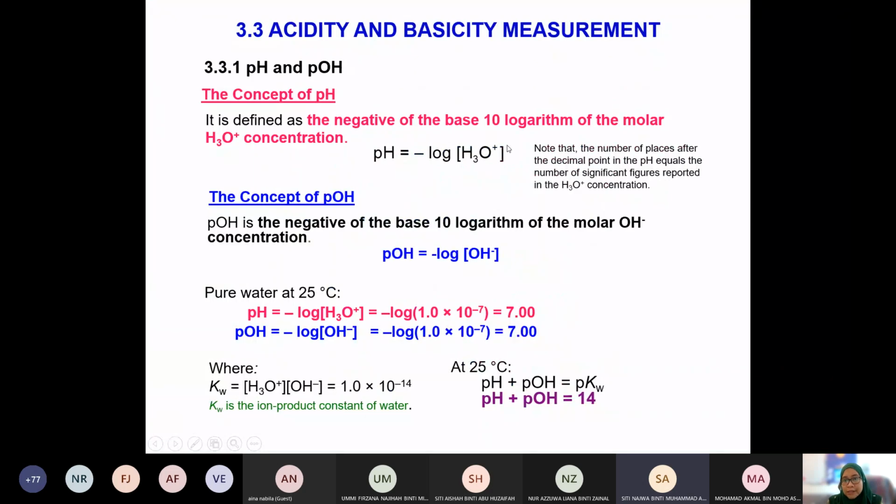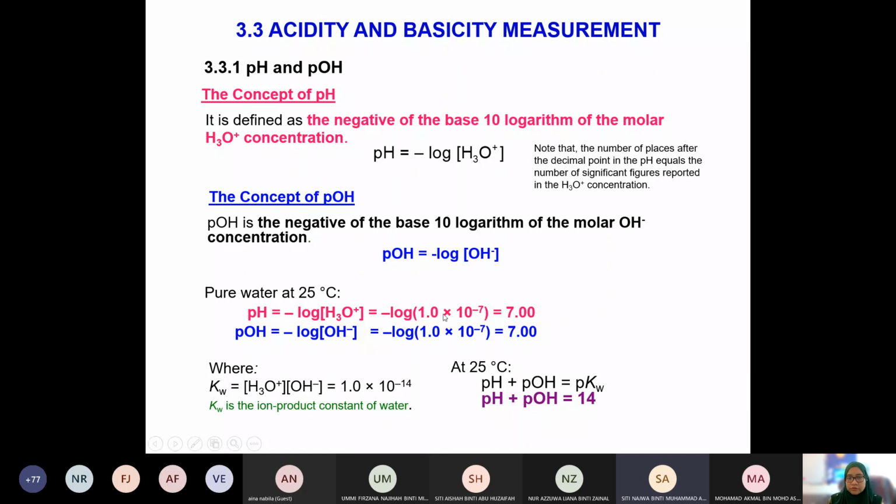Note that the number of places after the decimal point in the pH equals the number of significant figures reported in the H3O+ concentration. Remember, you may not know how many decimal places you should prepare for the value of pH. So it depends on the significant figures of the concentration of H3O+ used in the question.